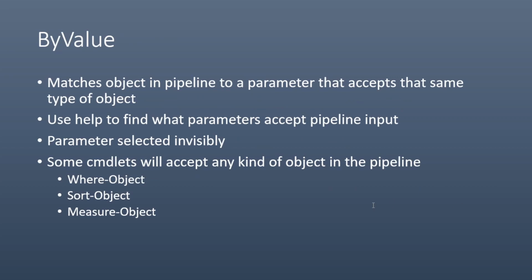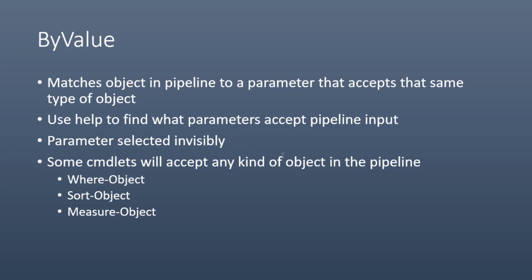As I mentioned, a couple ways that PowerShell makes this happen. So it has two systems that it uses, almost like a plan A and a plan B. You have by value, which is what PowerShell is going to try first. So in the by value system, PowerShell's looking at what type of object is in the pipeline and attempting to match that up to a parameter that accepts that same type of object.